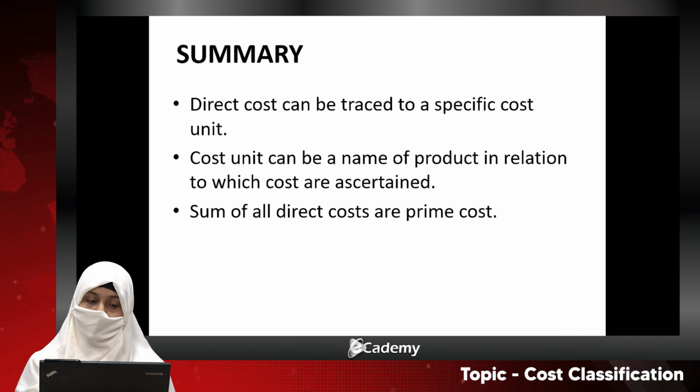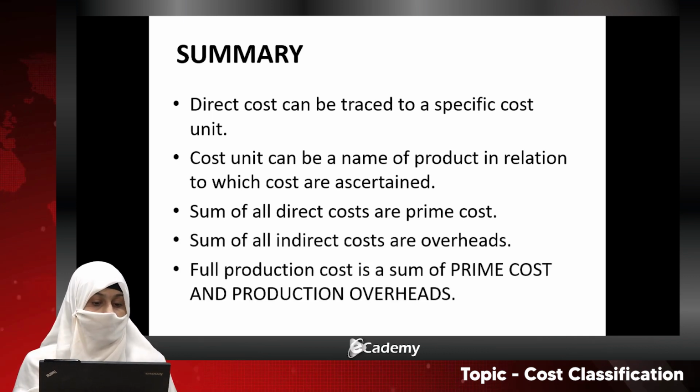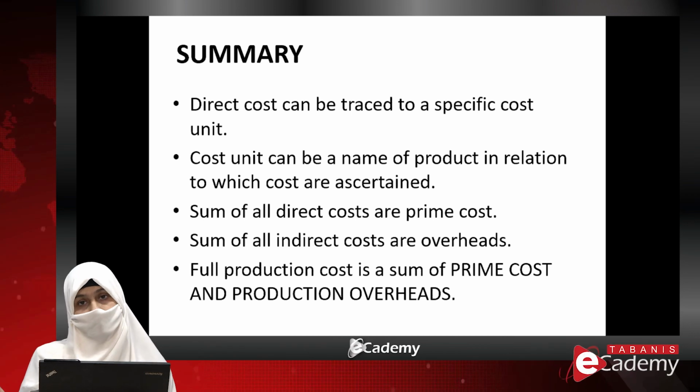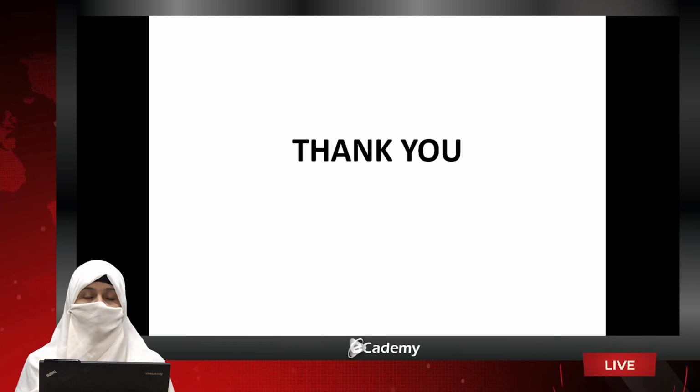The sum of all direct costs is prime cost, and the sum of all indirect costs is overheads. Full production cost is another name for full factory cost. It is the sum of prime cost and production overhead. We have to accumulate all the factory costs, which includes factory direct cost and factory indirect cost as well. So thank you so much, students.